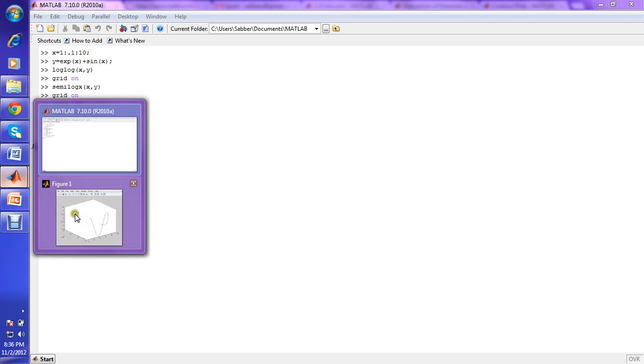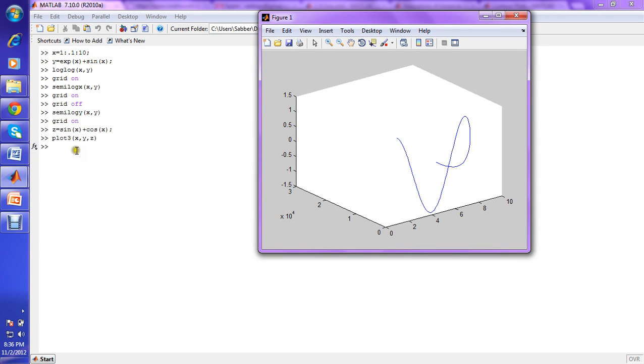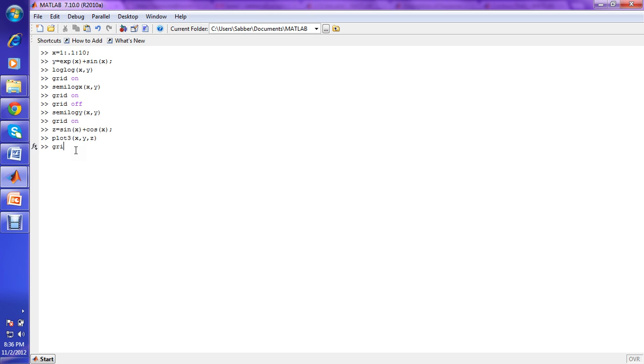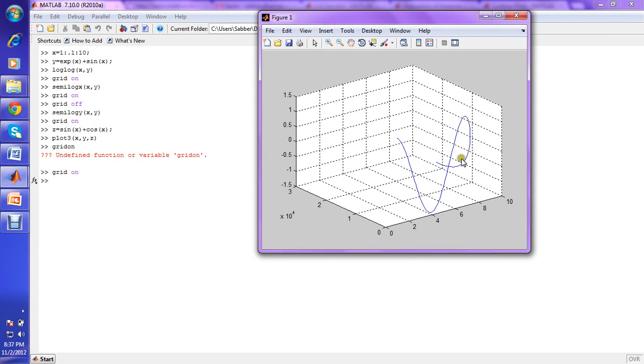Then we will see a plot in a 3D plot. If you want to put the grid on, we call grid on, and you see here the 3D line.